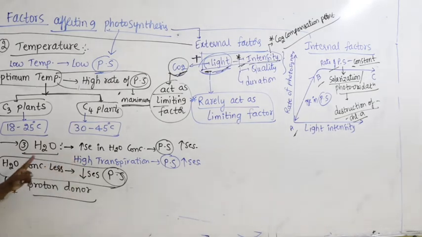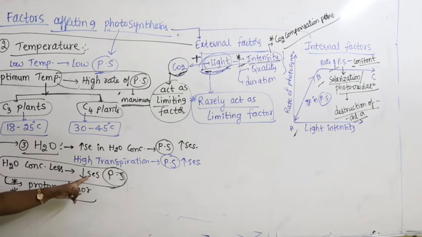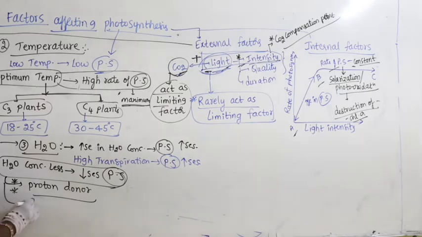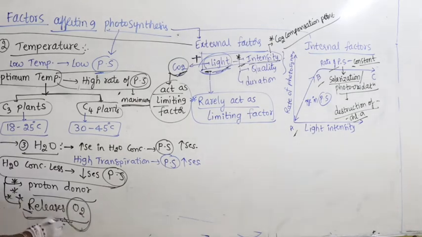If water concentration is less, it automatically declines the rate of photosynthesis, because water is the contributor of protons as well as of oxygen. According to Cornelius van Niel, oxygen comes from water, not from carbon dioxide. Carbon dioxide is reduced to form carbohydrates, right? That is what we have discussed.